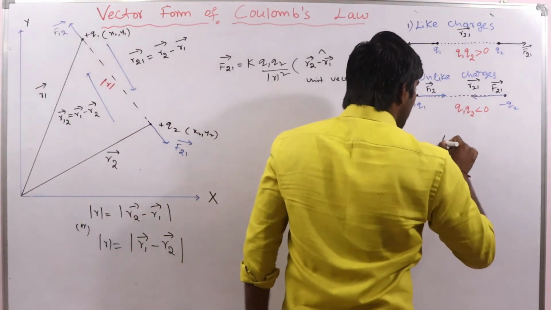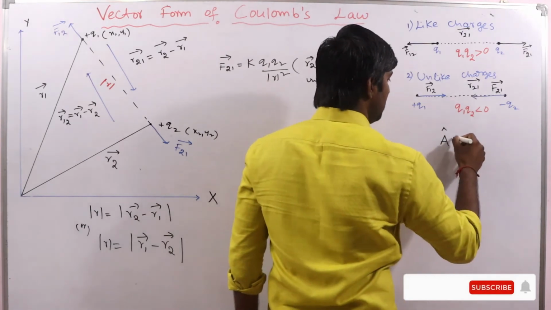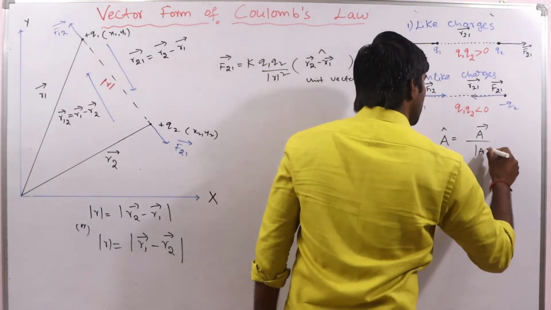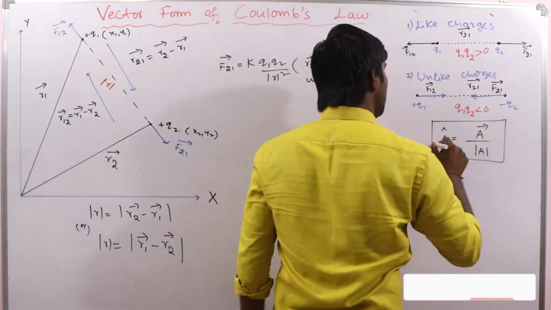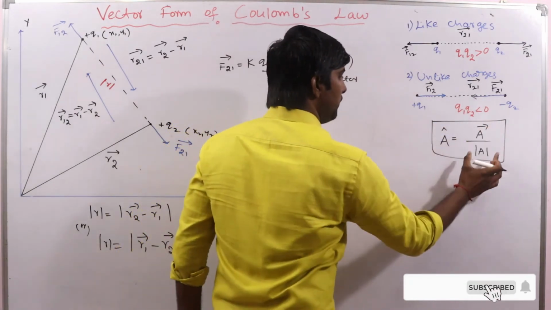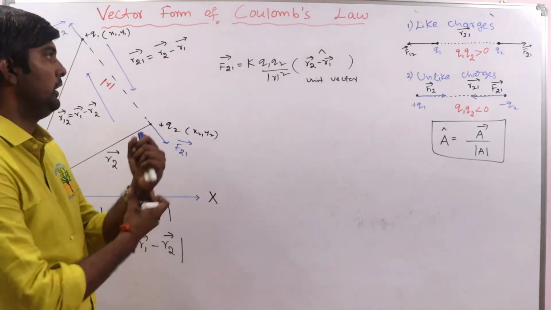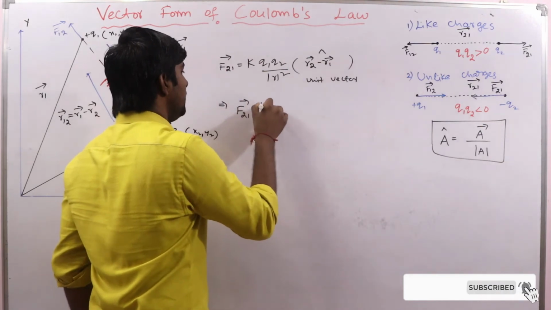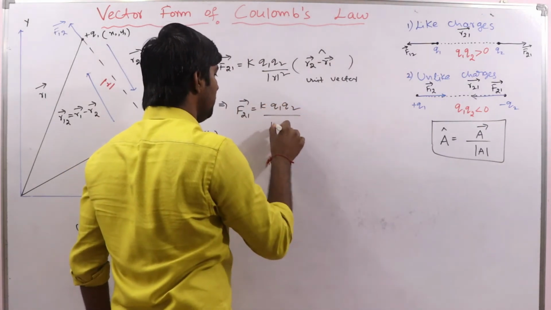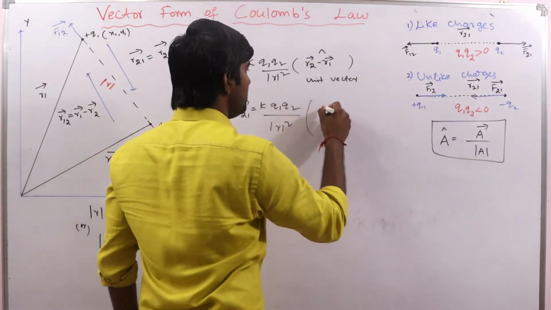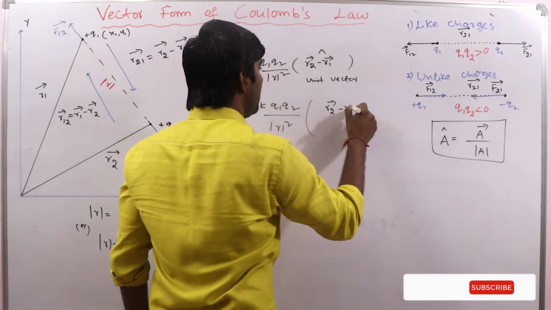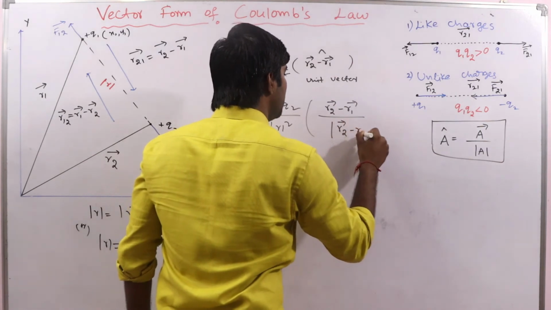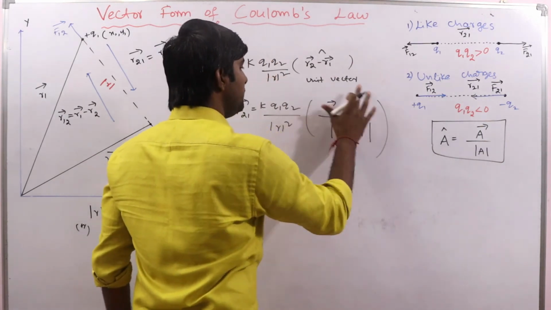How can we write a unit vector? Suppose A is a vector. To get the unit vector, we take vector A upon its magnitude. For any vector, vector upon its magnitude gives its unit vector. So F21 bar is equal to K Q1 Q2 upon mod r square into r2 bar minus r1 bar upon mod r2 bar minus r1 bar. This is the unit vector.